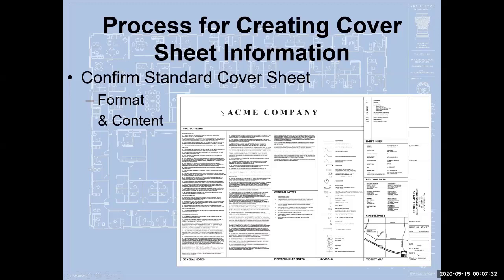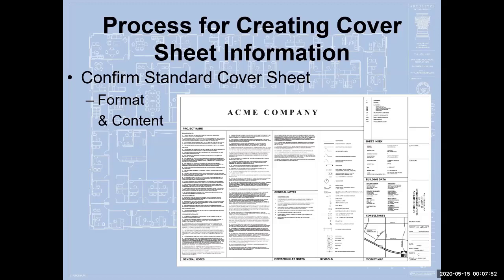Now, does it always work? No, but we're pretty close. We get them probably 95% of the time. And if we don't have it, like I mentioned, we add a sheet because we can, and it gives us an opportunity to be even more clear, more concise, and more organized with our information.